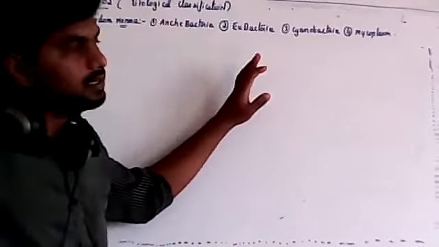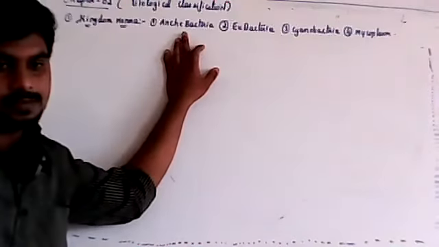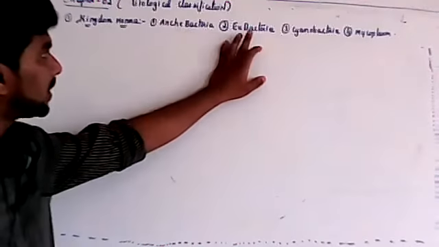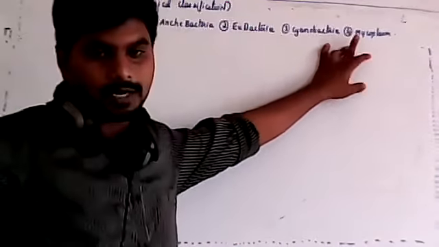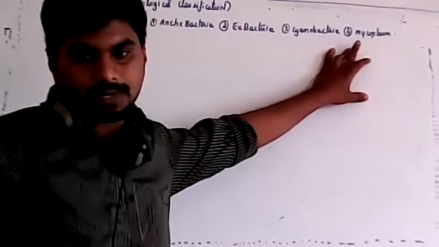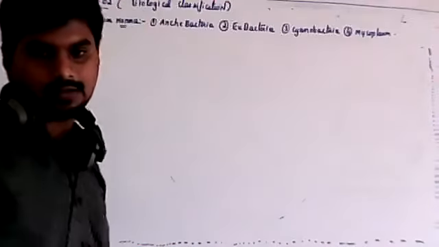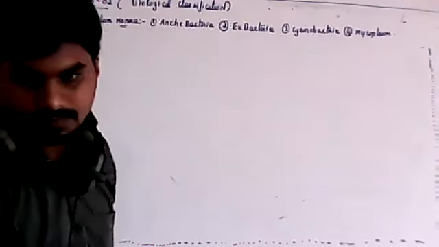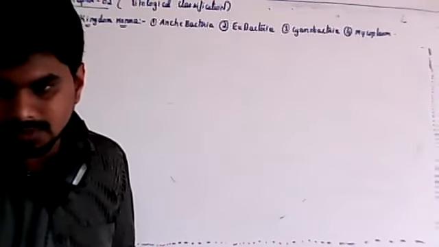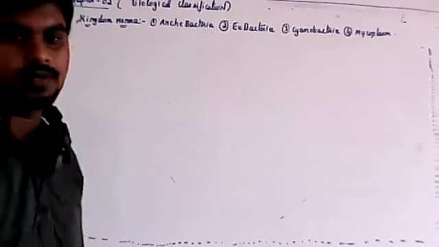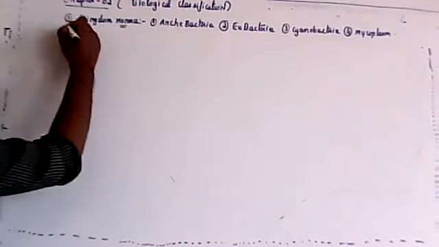We have to study what is present in the cell wall of Archaebacteria, bacteria, and cyanobacteria. In mycoplasma, usually the cell wall is absent.